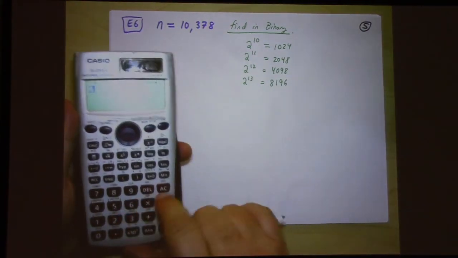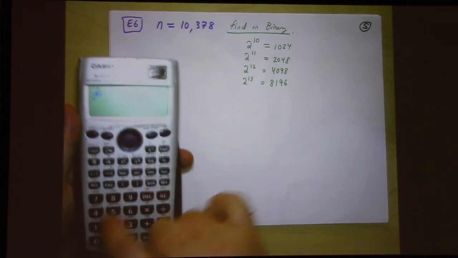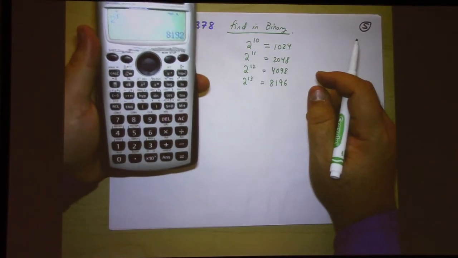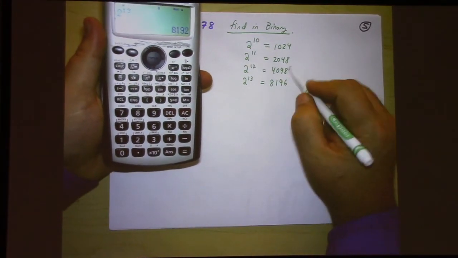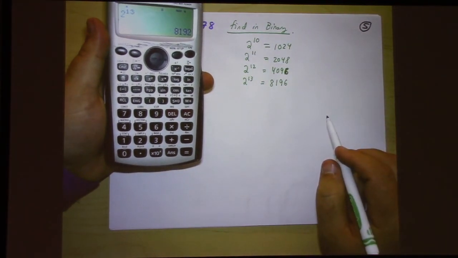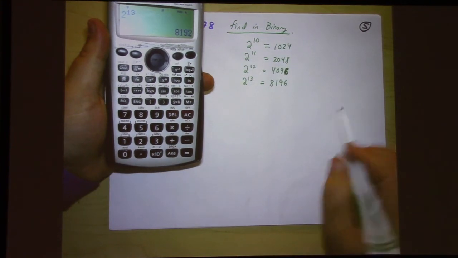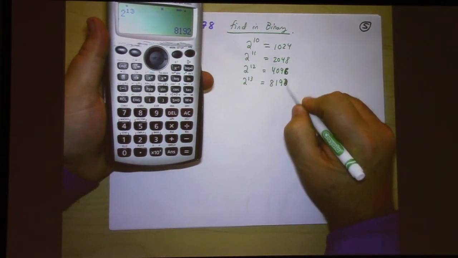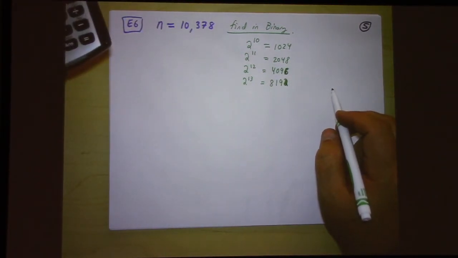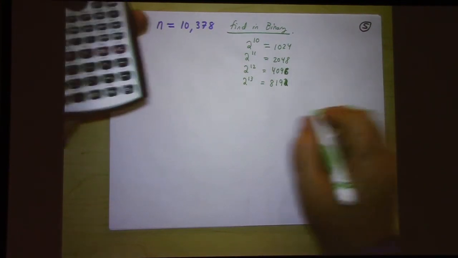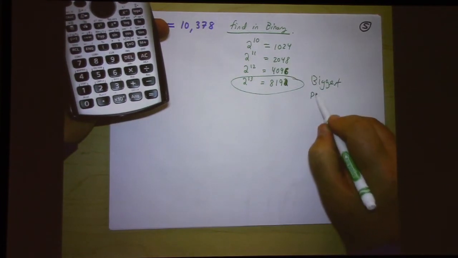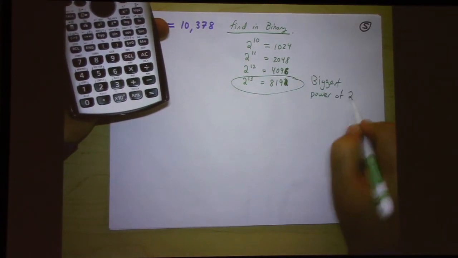Right? Let me check it before I do something foolish. Oops, see, I did something foolish. Wait, what? That was 96. I wrote 8, didn't I? 8,192. And then that's the biggest power of 2 we're going to be able to fit into this number. Agree? So this is the biggest power of 2 that fits.